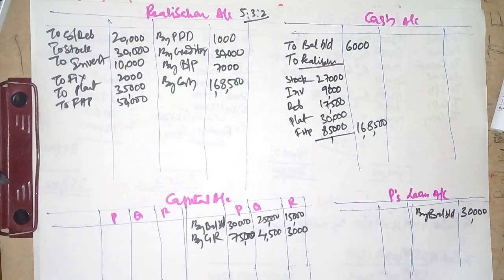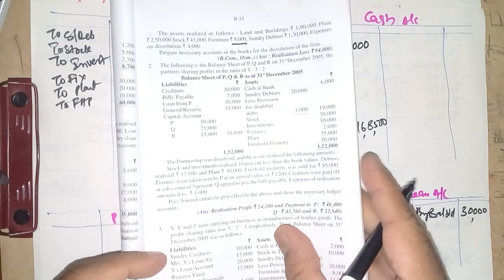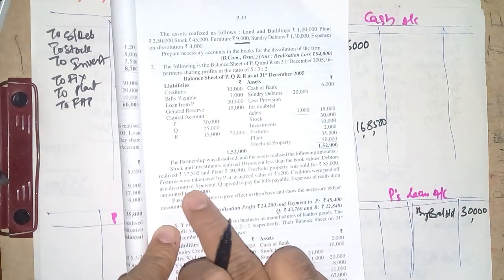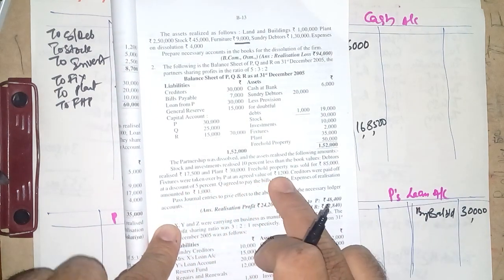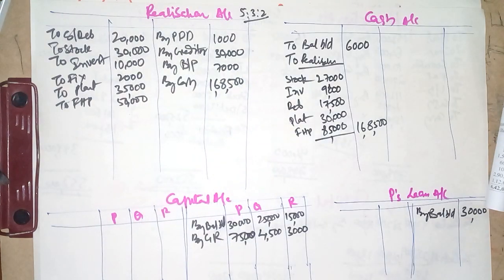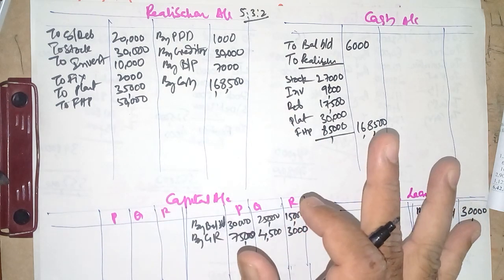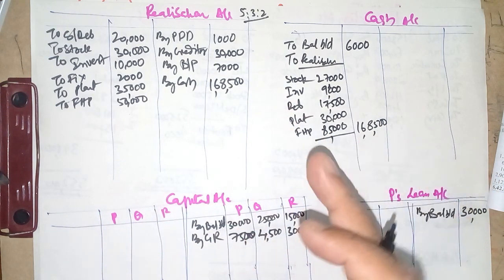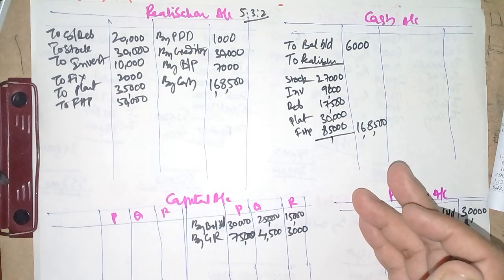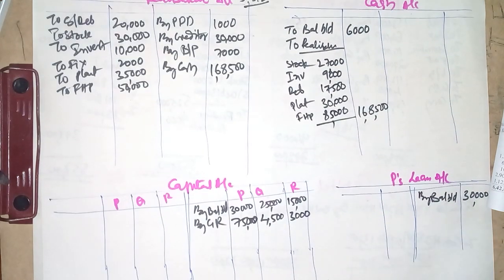So the next item is, the question says that fixtures were taken over by P at an agreed value of 1,200. Fixture is one of the assets. When we sell off fixtures, what entry do we pass? Cash to realization. But here we are not getting cash; instead one of the partners is taking over the fixtures. So we will transfer to partner's capital.